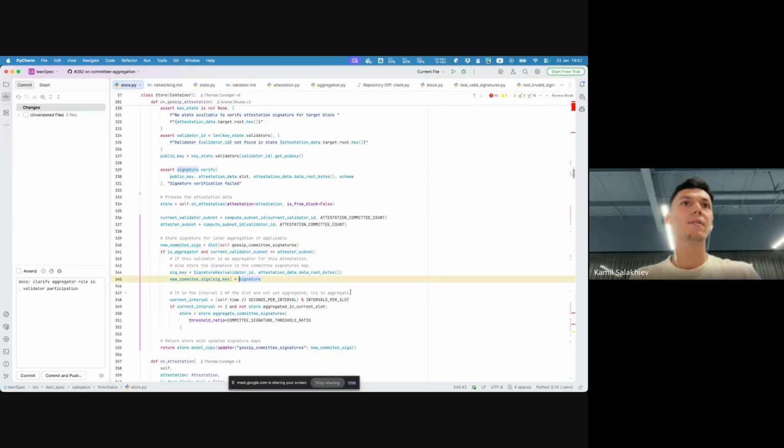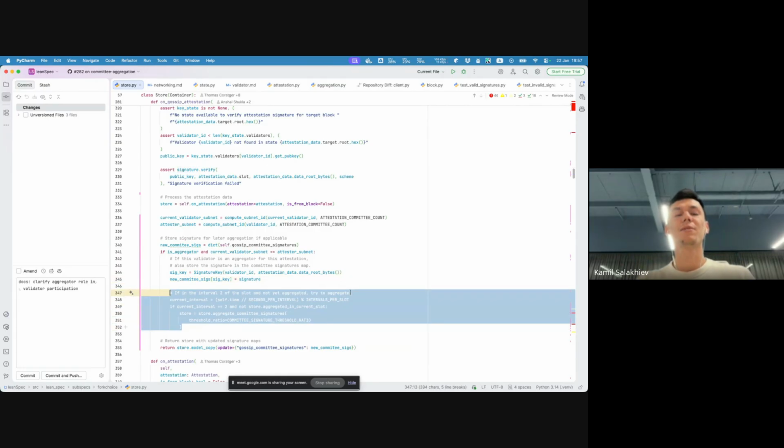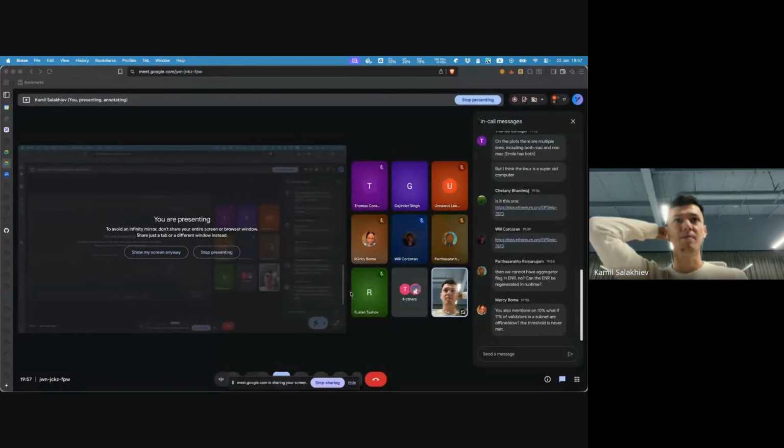Here I also had additional logic. Oh yeah, that's actually another topic to discuss: when we actually want to aggregate. My proposal was that during interval 2, if we have about 90% of signatures, we perform aggregation. I think Gajendra's proposal was simpler: we just aggregate whatever we have, based on the time.